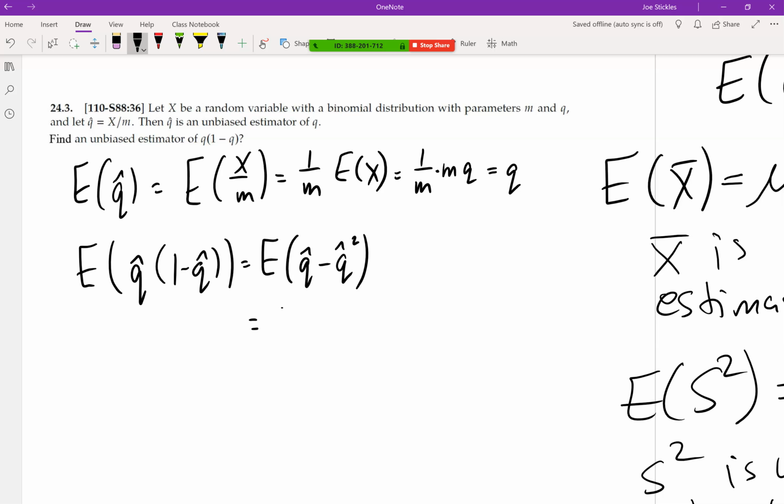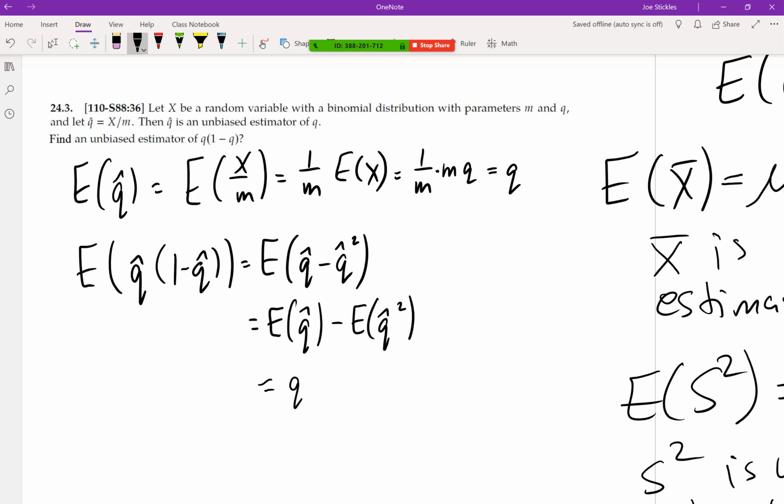We know that we can split up the expected value over this difference. Now, we already know what the expected value of q hat is. We know that's q, without a doubt. We just showed that in the previous lines.